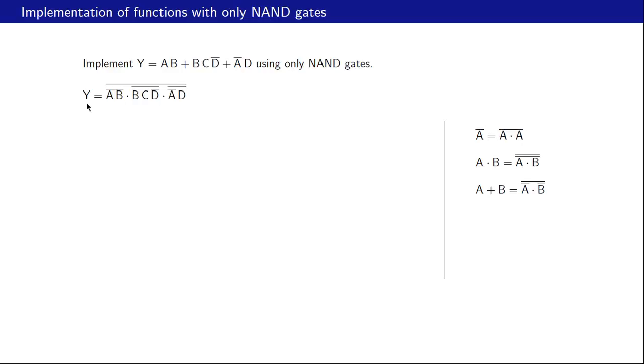So that is our first step, and that is the implementation of the first step. So we have AB bar here, BC D bar of that, and A bar D bar of that, and all of those are applied to this 3 input NAND gate. That should give us our output Y. And now we need to figure out how to generate each of these.